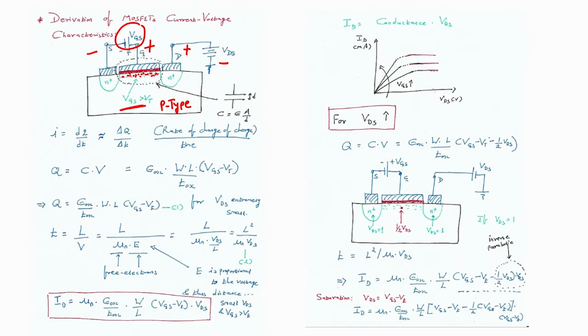So how does it look in this case? It looks like I have a gate connected to a metal, then there is an oxide layer, and then there is another conductor, because this channel is made up of electrons.